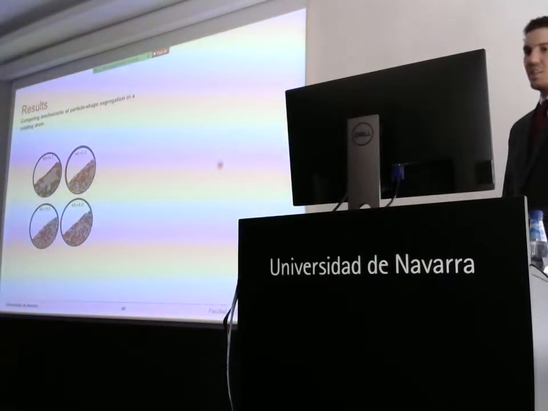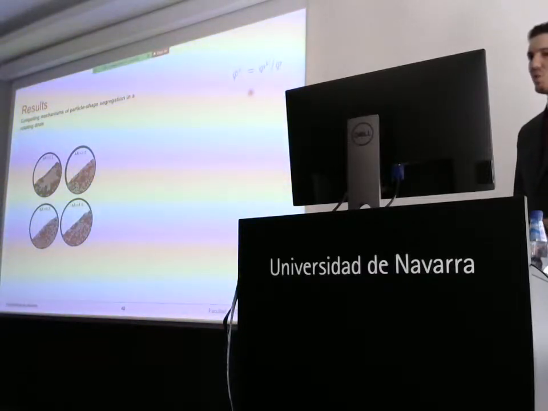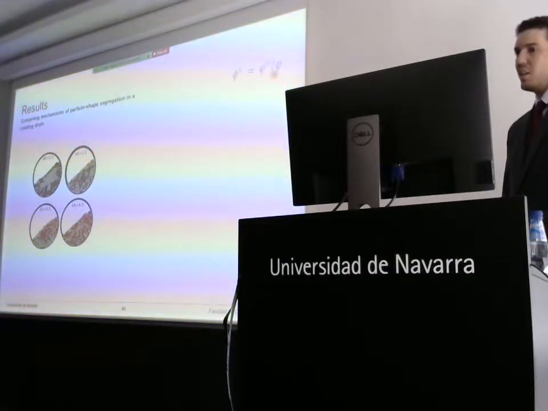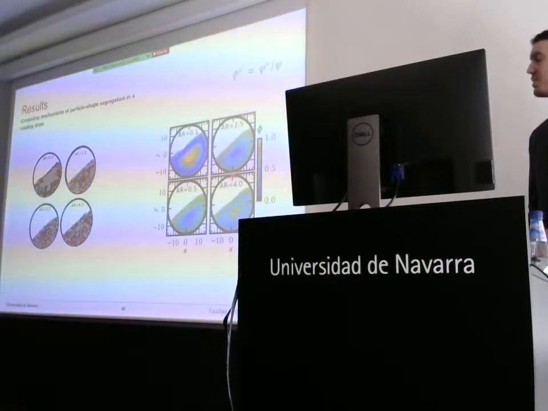So how can we characterize the segregation quantitatively? If we define the partial volume fraction of the particles, for example here, we can say that these are the spherical particles, and this is the volume fraction over the total volume fraction. We can obtain these fields here.